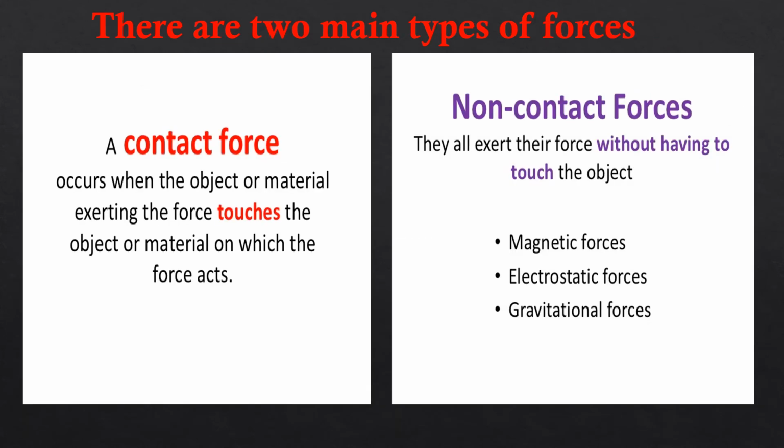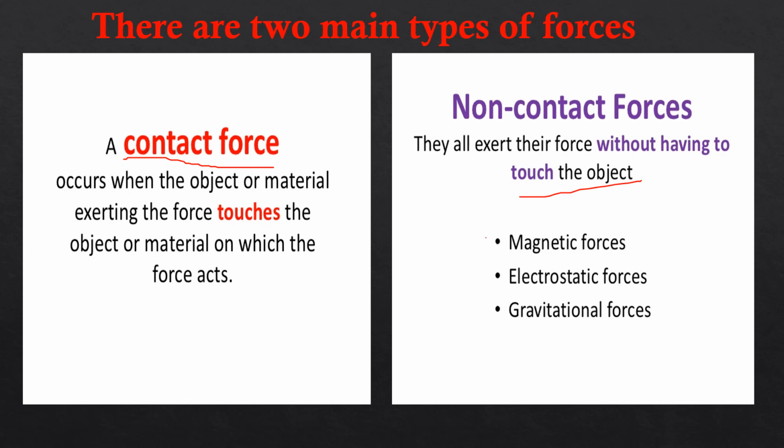Here we have two main types of forces. A contact force, which you can touch, pull, or push. We call it contact because you can touch it. Non-contact forces all exert their force without having to touch the object.